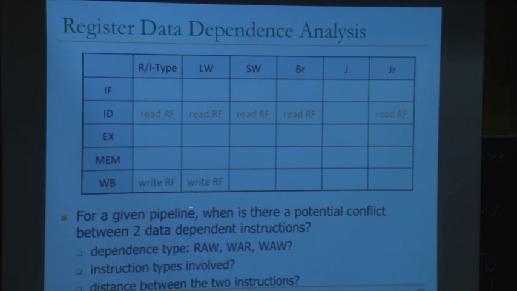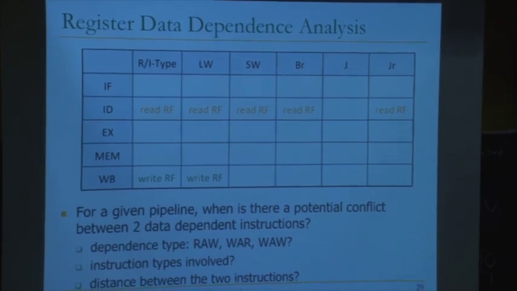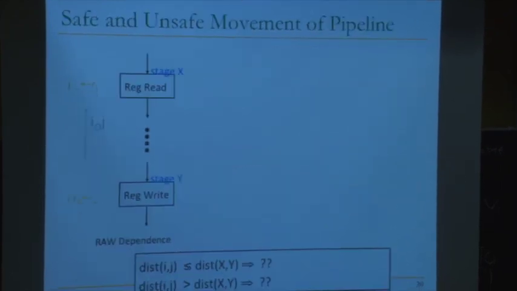And we know what instructions need to write into the register file in the write back stage. So for a given pipeline, when is there a potential conflict between 2 data dependent instructions? You can figure this out by looking at the instruction type and by looking at the distance between the instructions also. And that's what you're going to do.